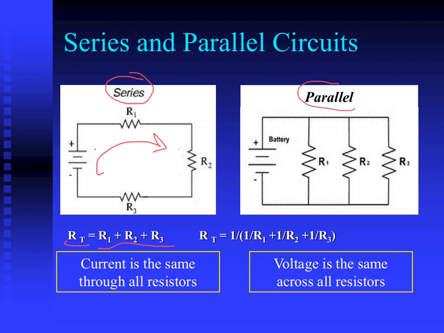In the parallel circuit, the resistances are added up differently because each circuit has its own current. So when you calculate the total resistance in a parallel circuit, it's 1 over the sum of the reciprocals of the resistances, or 1 over the sum of 1 over R1 plus 1 over R2 plus 1 over R3.